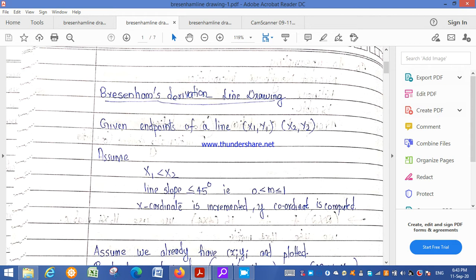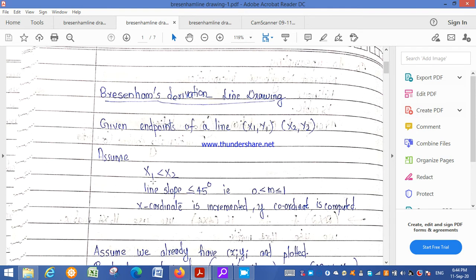So assume you are given two endpoints x1, y1 and x2, y2, and let me make some assumptions. First, you assume that x1 is less than x2 and the slope of the line is less than or equal to 45 degrees. The slope being less than or equal to 45 degrees means your slope value m is between 0 and 1.